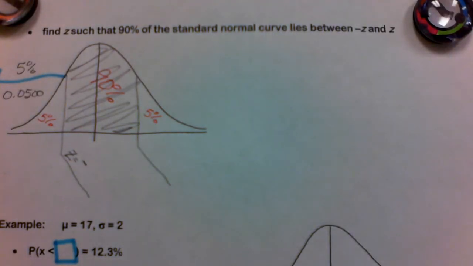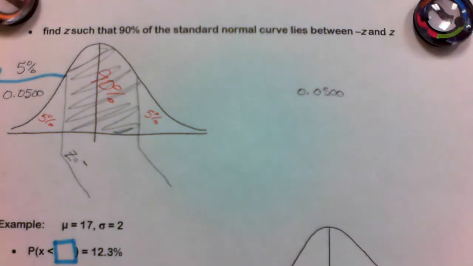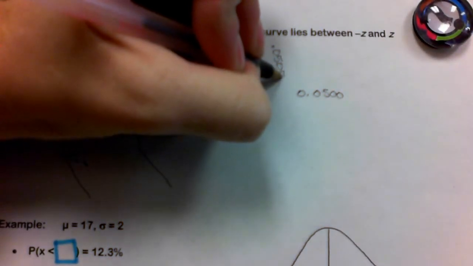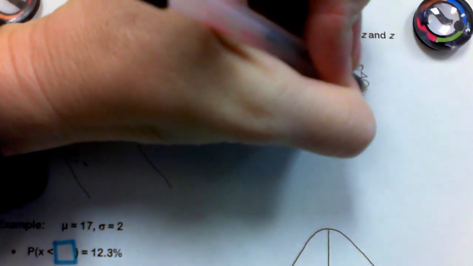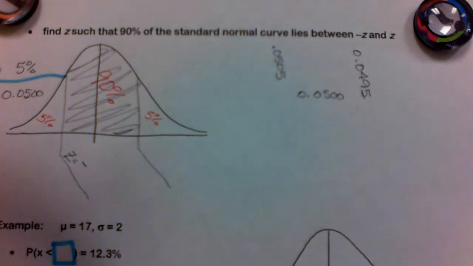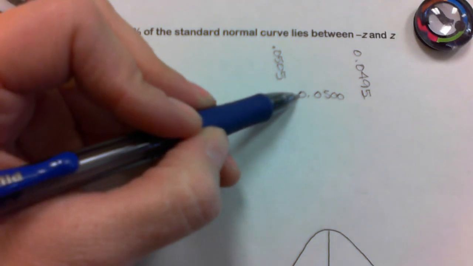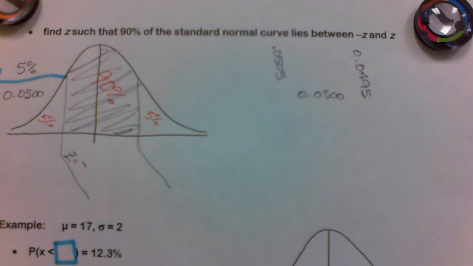So the number we're looking for, 0.0500, falls in between 0.0505 and 0.0495. Now, again, which one does it fall closer to is what I first ask. The difference between these two is 0.0005, and the difference between these two is 0.0005.